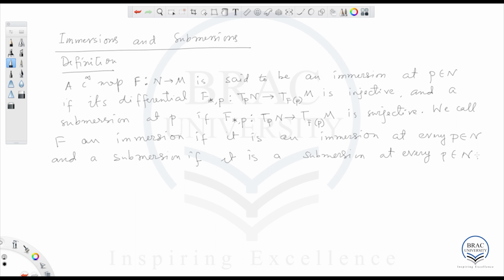Okay. So now a remark about this definition. Let me write it here. Remark to the definition of immersions and submersions.